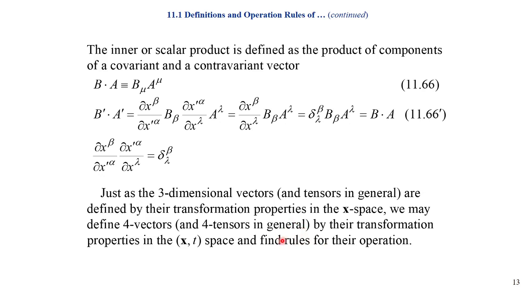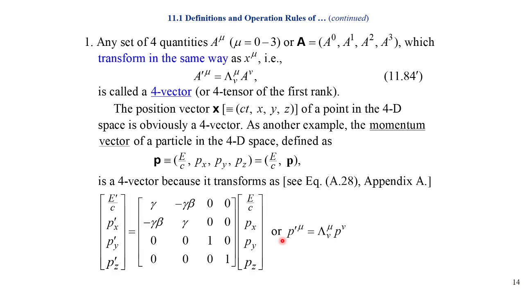So we are going to find the rules for everything. For example, the first one, I will show you, we have four positions. This one, the position vector, we call the four-position.